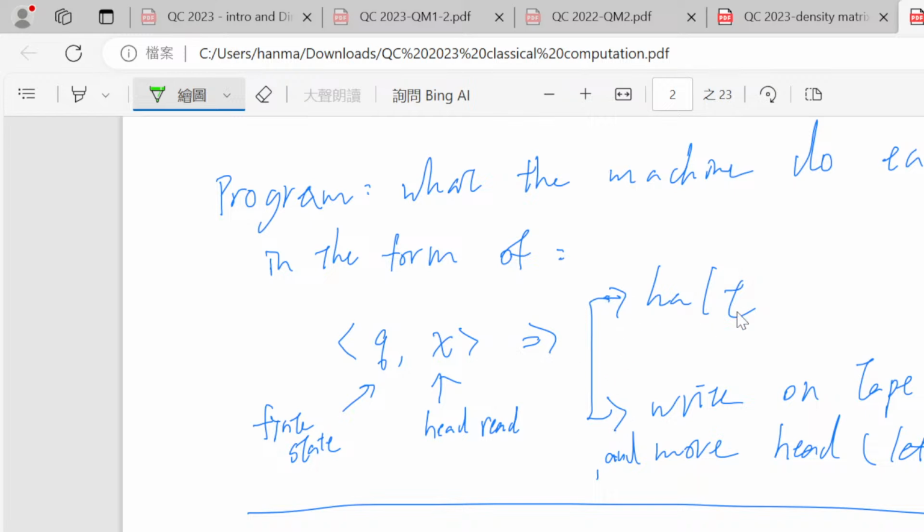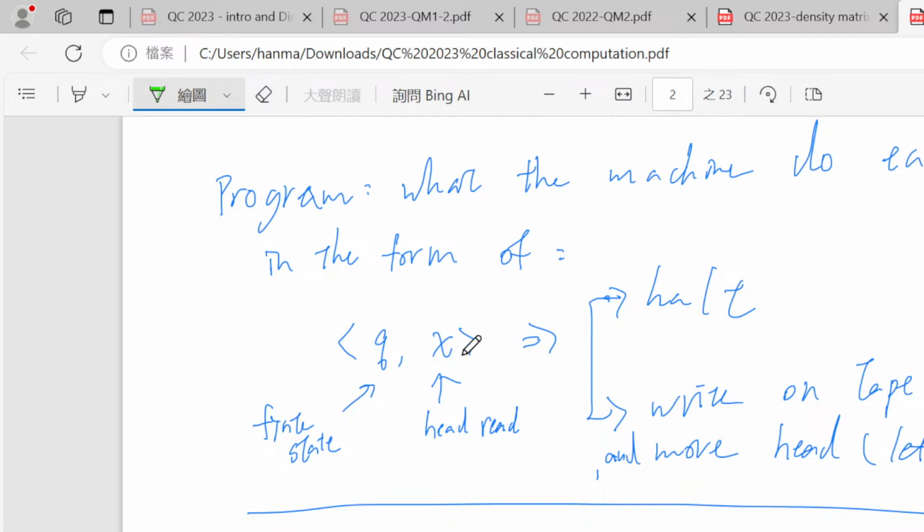So one thing special is I will halt, and so the program stops and whatever is on the tape is my output. Or if the program is still running, then I do many things. I can write on the tape, and I can do all those at once. So I can write the tape into whatever symbol I want to write, and then I can change the internal state Q to whatever internal state I want, and then I can also move the head left or right, or I guess I can also not move, but that probably doesn't matter.